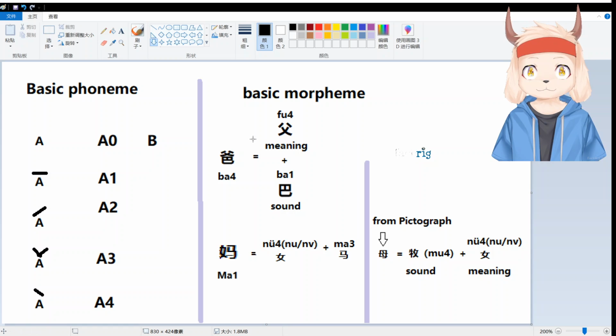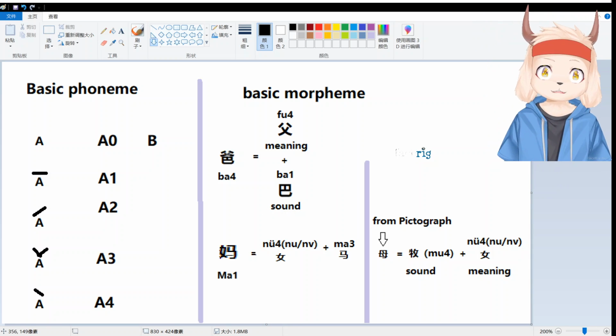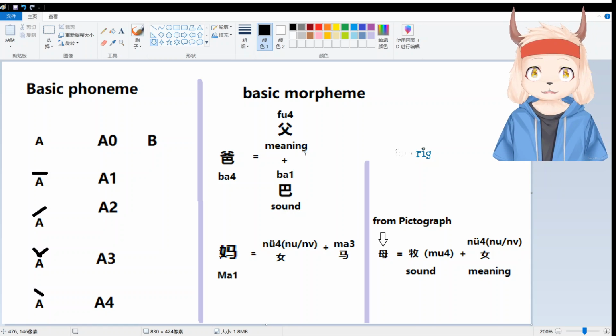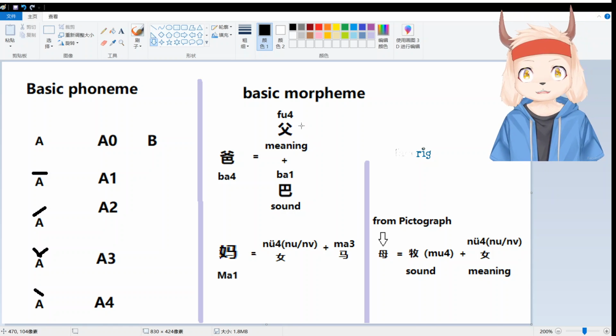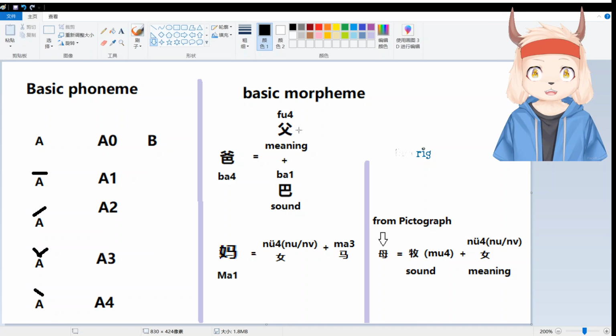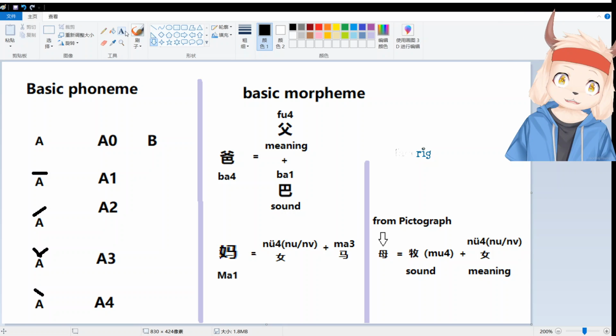One indicates the meaning and another indicates the sound. For example, here, the character that indicates the meaning is fu, which means father in a classical way. In classical Chinese, or in the old times, people just called their father fu qin. Fu is this character.